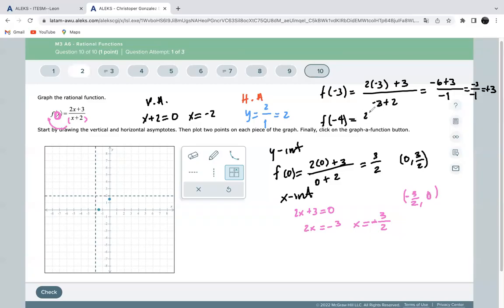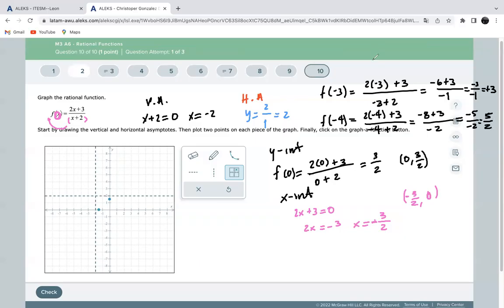And that will be 2 times -4 plus 3 divided by -4 plus 2. That's going to get you -8 plus 3 divided by -2. And finally, we get -5 divided by -2, and that's 5/2.